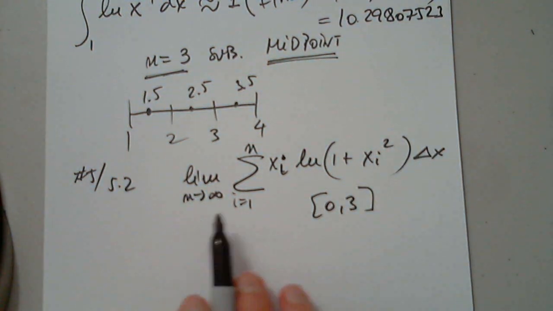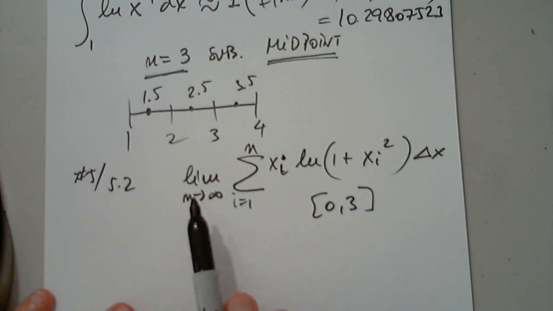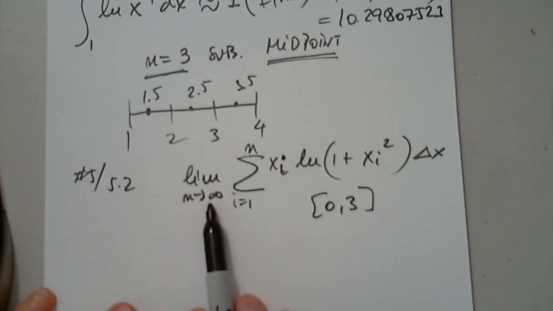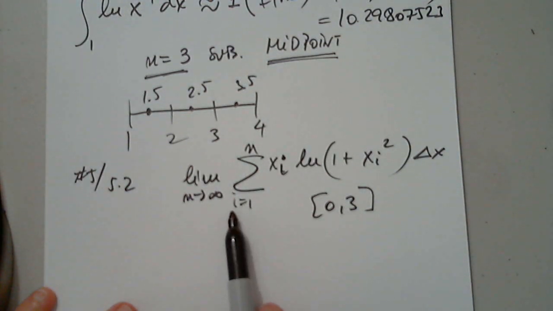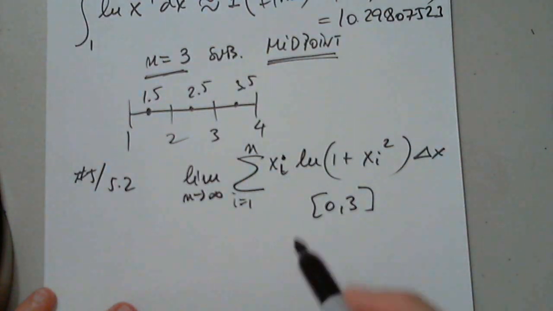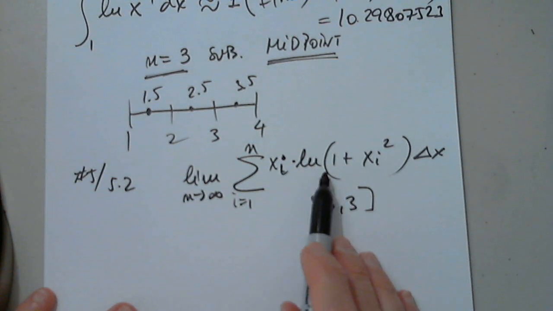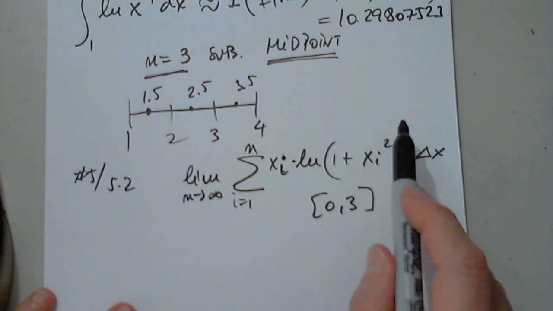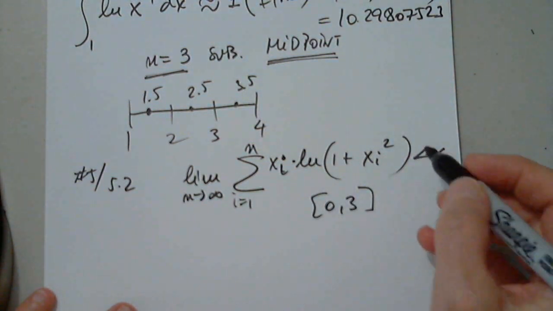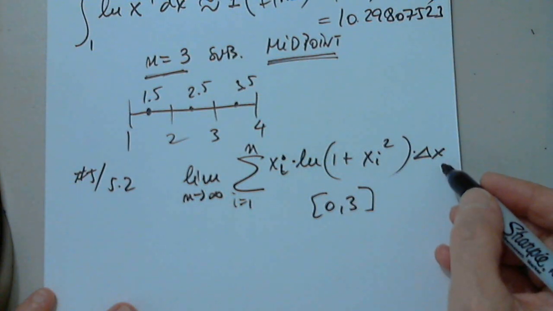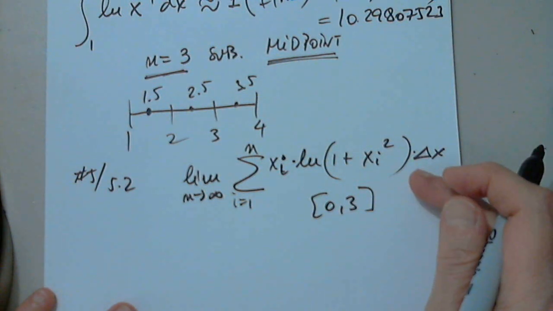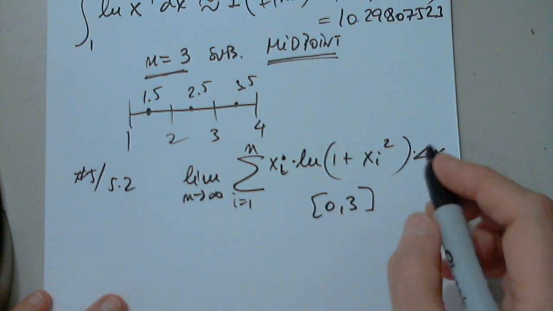Let me just read this back to you to make sure that this is okay. The limit as n approaches infinity of the summation from i equals 1 through n. And now we have a product: x_i times natural log of 1 plus x_i squared, close the parenthesis, multiplied by delta x. Yes, and all the x_i's are x subscript i.